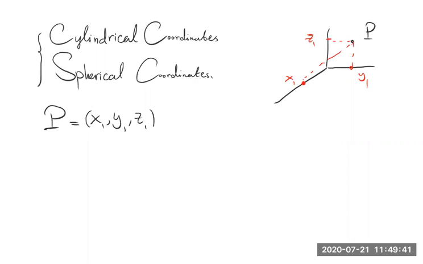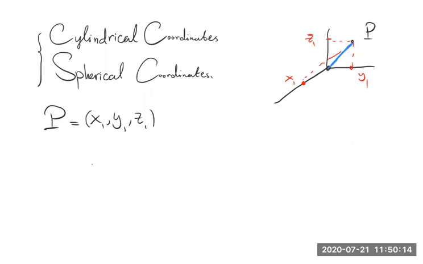What does it mean? It simply means, first, we have x1, y1, z1, and I want to use the cylindrical coordinates. What I should do is very similar to the previous thing. I can look at the distance between the origin and this point. So look at this distance, connect it to that point.